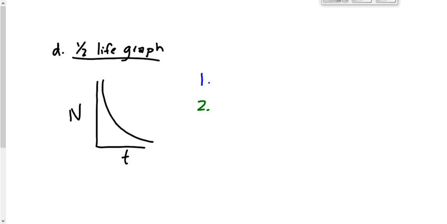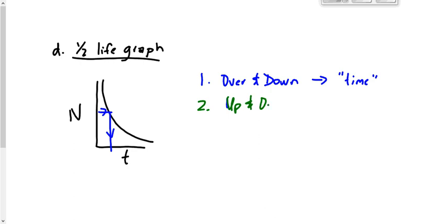We're either going to go over and down. So if you have an amount and you want to find a time, then you're probably going to go over and down. If you want to find an amount, then you're probably going to go up and over.